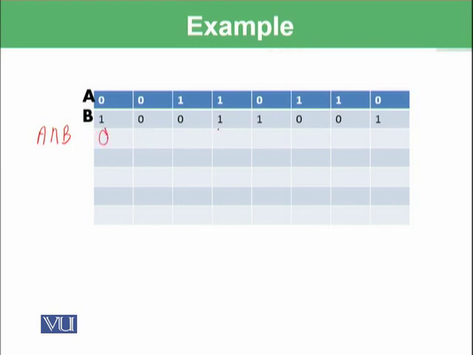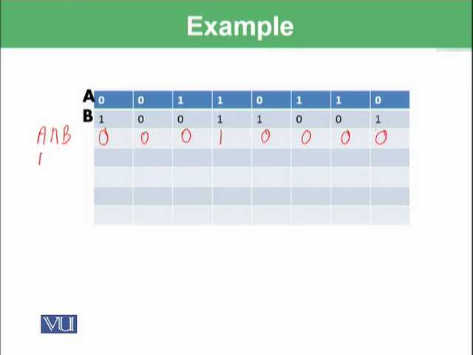We will put 1 on all such columns where both inputs are 1. So only here both inputs are 1, so we have put 1 here, and all other outputs would remain 0, because in AND we have learned that both inputs should be 1.